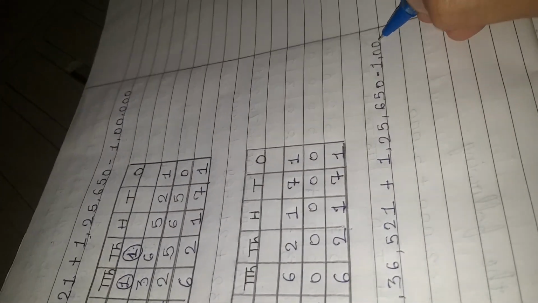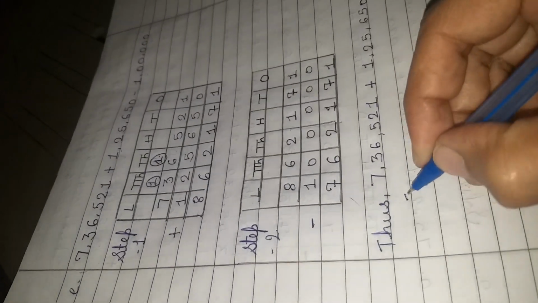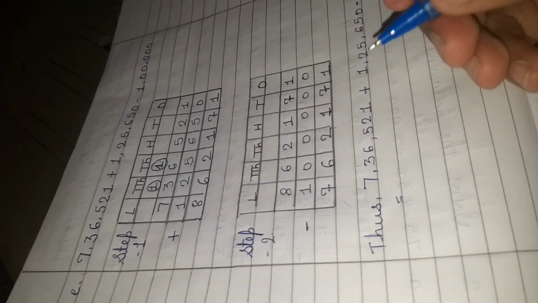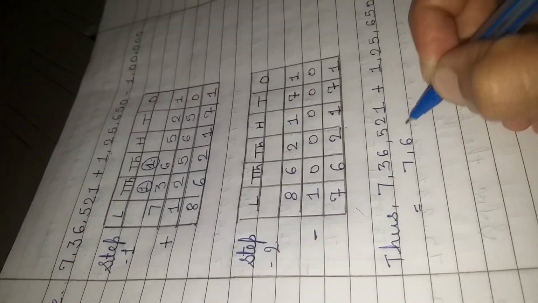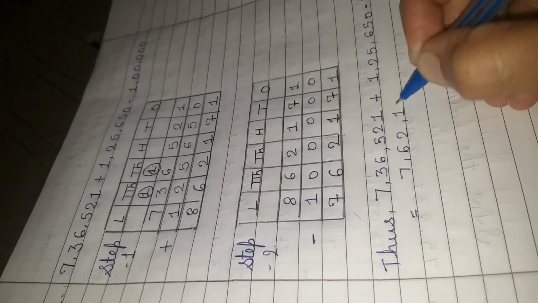So here you can see that I am writing is equal to, we are going to write the answer, that is 7,62,171. So this is our final answer, as you all can see.